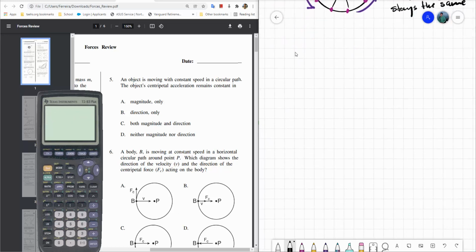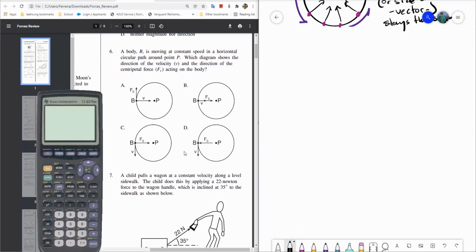Let's look at number 6. A body B is moving at a constant speed in a horizontal circular path around point P. Which diagram shows the direction of velocity, which is tangent, remember, and the direction of a centripetal force acting on the body, which is always pointing towards the center?